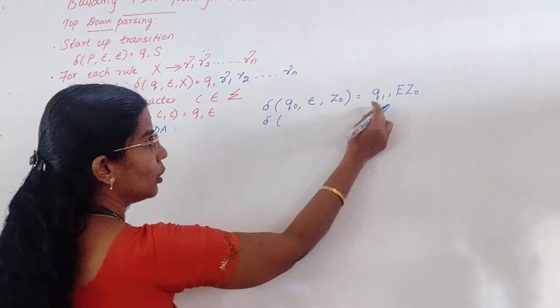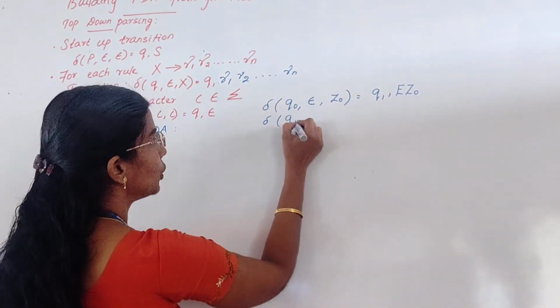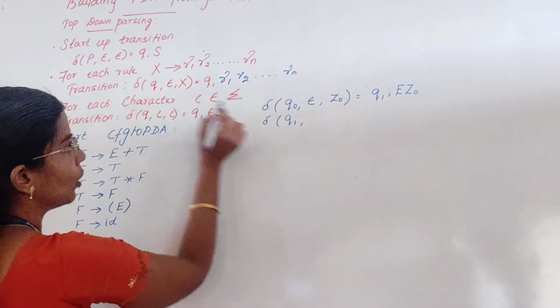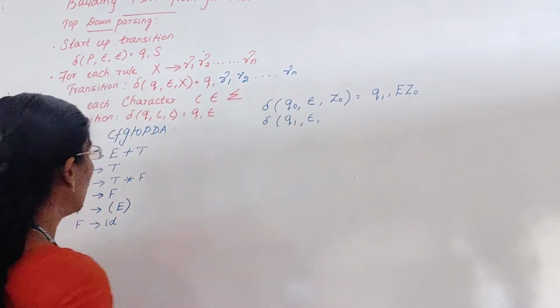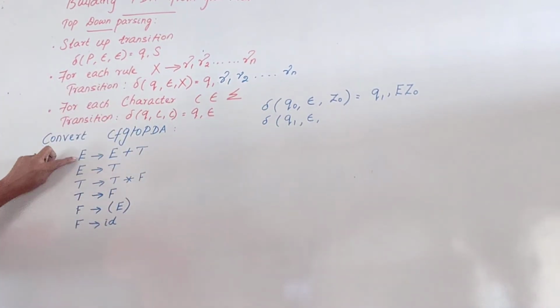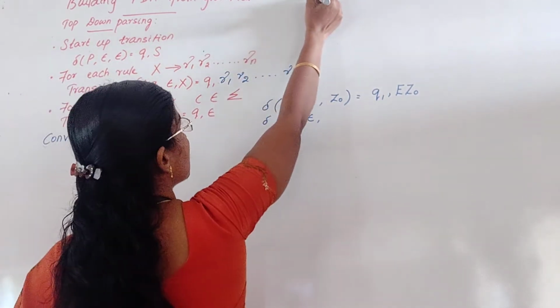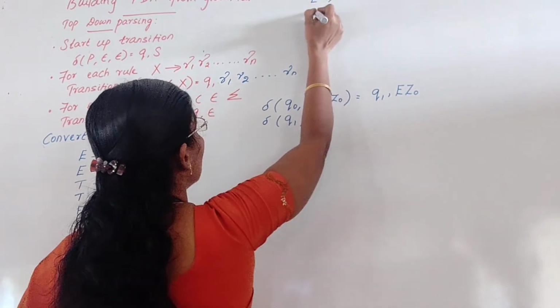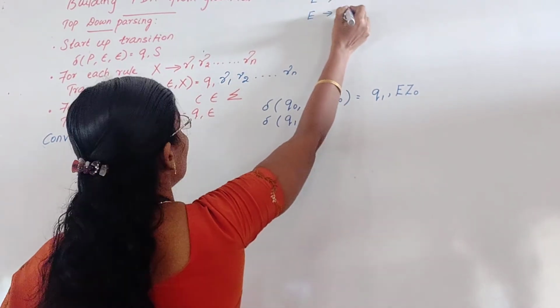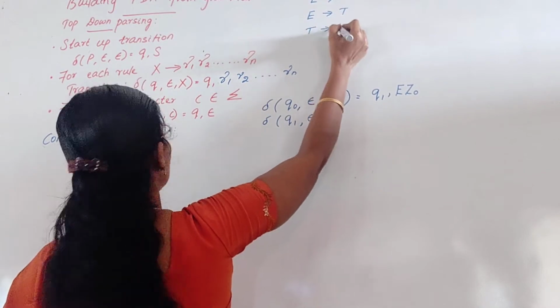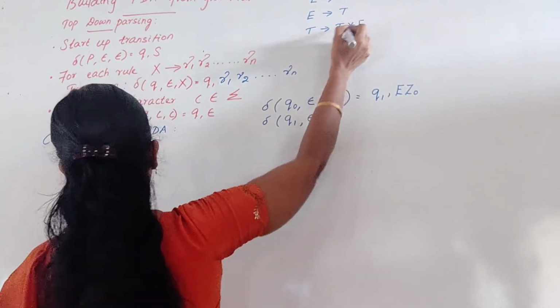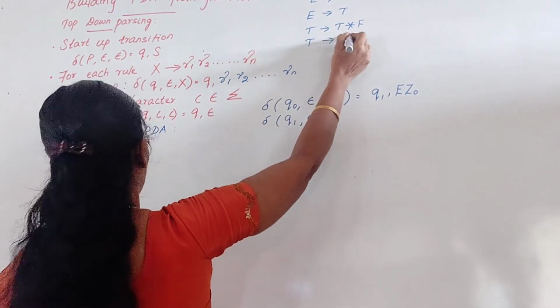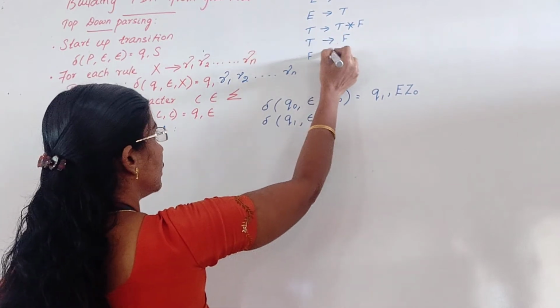Now I am in Q1, epsilon. What are the rules? I'll write the grammar here: E tends to E plus T, E tends to T, T tends to T star F, T tends to F, F tends to, and so on.